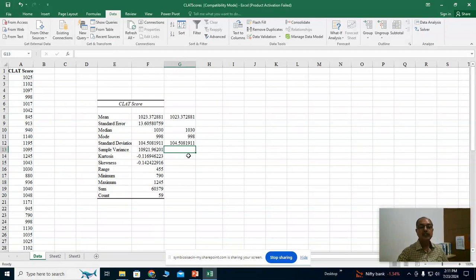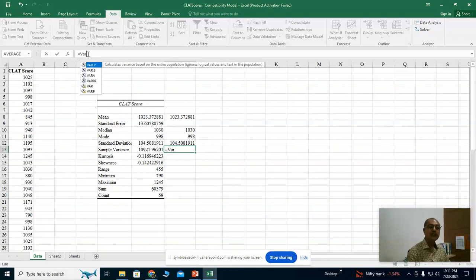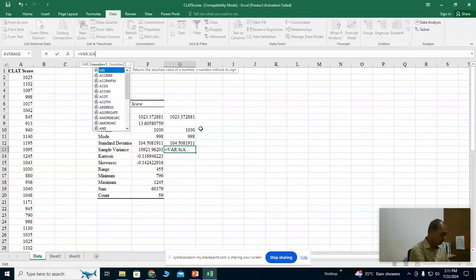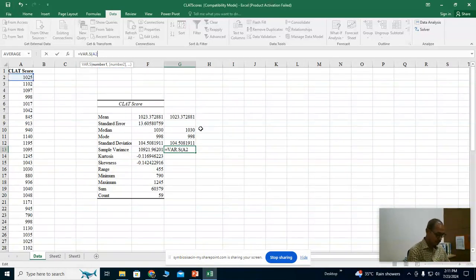So again this value is calculated. If you want to calculate the variance, that is also possible. Just put the equal sign and write variance. You can select variance sample, and again you need to provide the data here, A60.